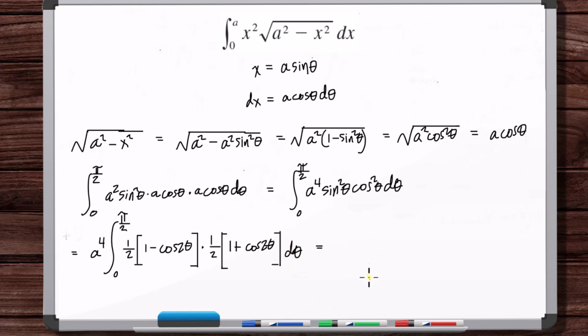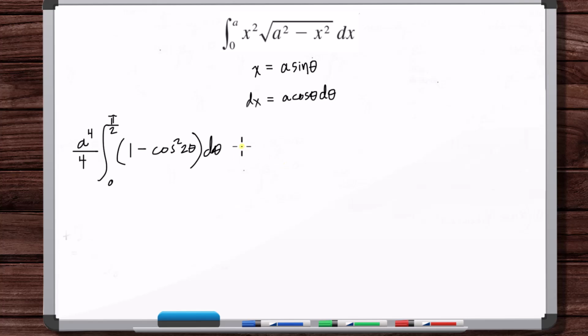Okay, so we could take out a 1/4, and then we're left with 1 minus cosine 2 theta times 1 plus cosine of 2 theta. So that's 1 plus cosine 2 theta minus cosine 2 theta, and then minus cosine squared 2 theta.